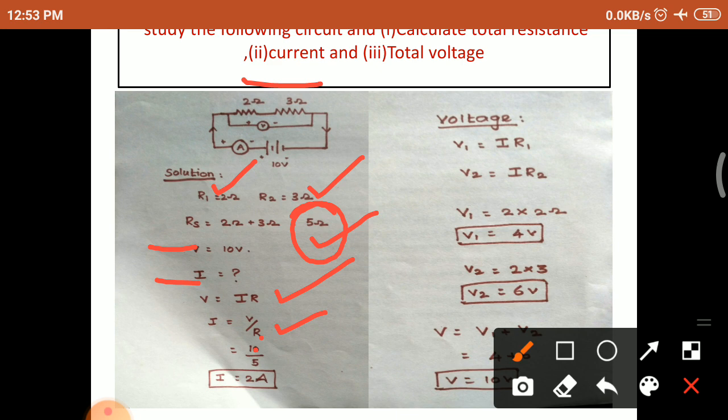Here the total resistance is 5 ohm. So I substituted the 5. 10 by 5 is equal to 2. So I equal to 2 ampere. That means the 2 ampere current flows through R1 and also R2.